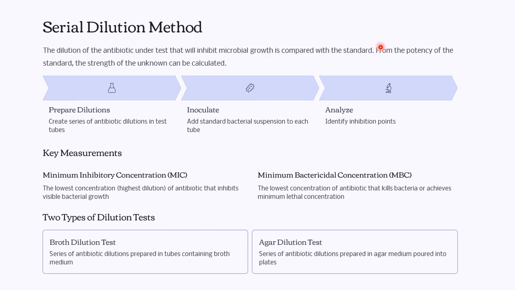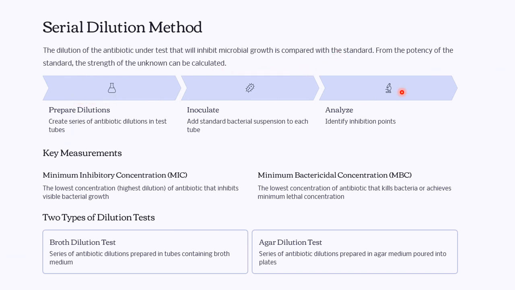From the potency of the standard, the strength of the unknown can be calculated. That is, we are determining the concentration of antibiotic under test that will inhibit the microbial growth, compared with the standard antibiotic solution.